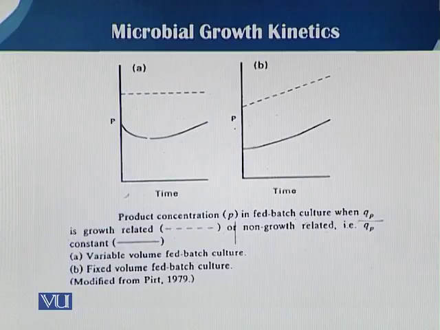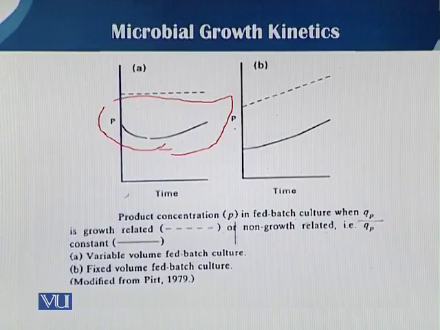Both diagrams were modified and reported by Pirt in 1979. The dotted lines show the product that is associated with the biomass, because in variable volume x remains constant, meaning the biomass concentration remains constant as well as the product concentration.